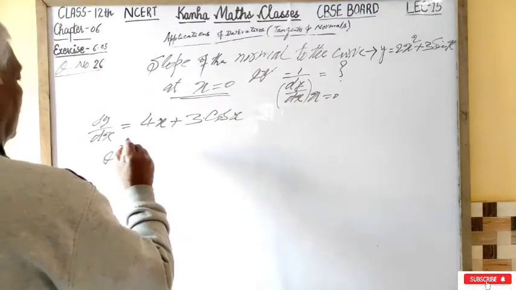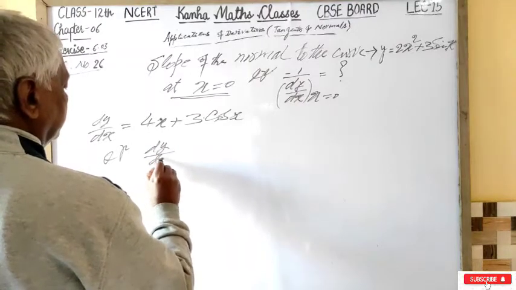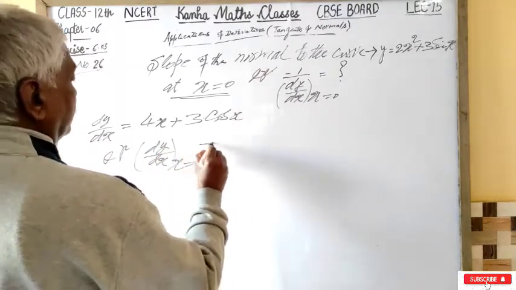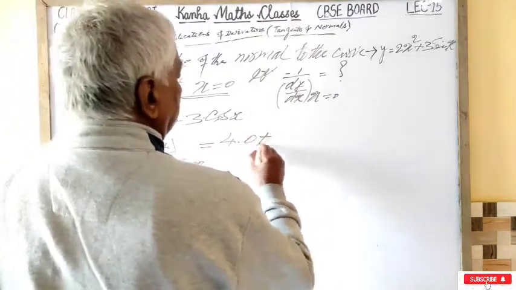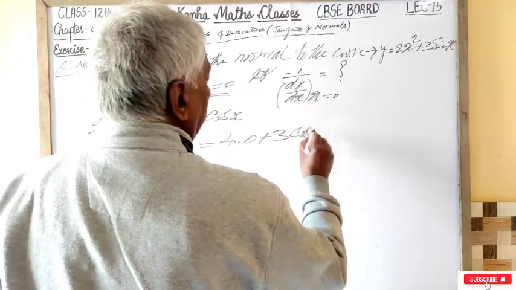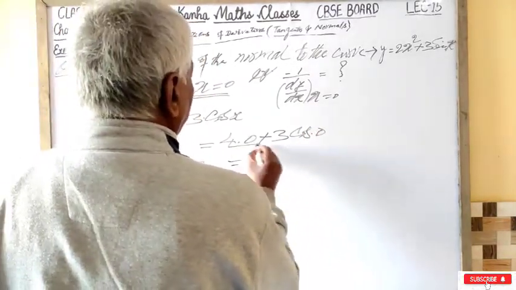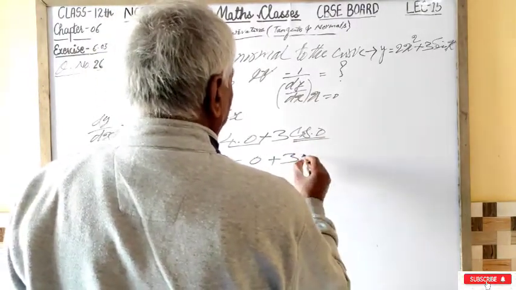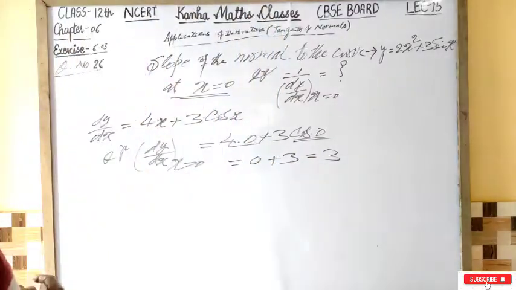Then dy by dx at the point x is equal to 0 is 4 into 0 plus 3 cos 0, that is 0 plus 3 into 1, which is equal to 3.